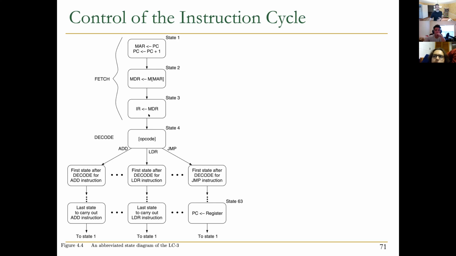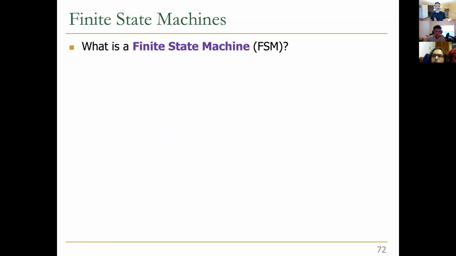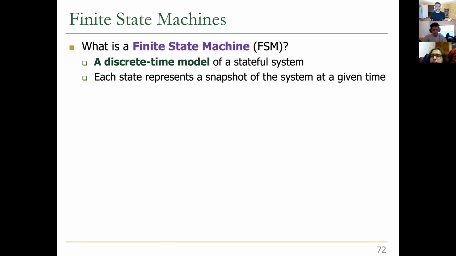But essentially, a finite state machine, maybe let's go before we discuss this. A finite state machine is a discrete time model of a stateful system that we have in our machine. Each state represents a snapshot of the system at a given time.